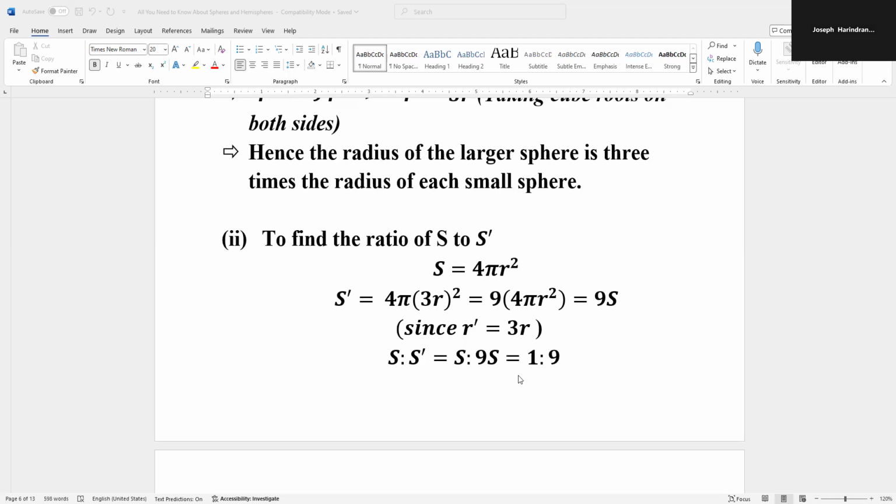You get 36 pi r squared, which is 9 times the 4 pi r squared. So 9S, since r dash is equal to 3r. So the ratio of S to S dash will be S is to 9S, which is equal to 1 is to 9. And that's the answer for this question.